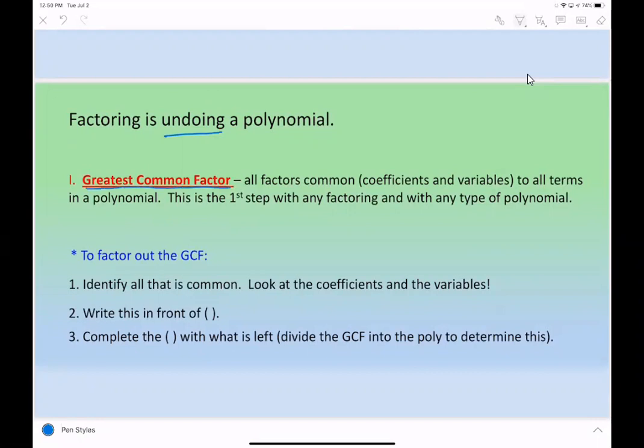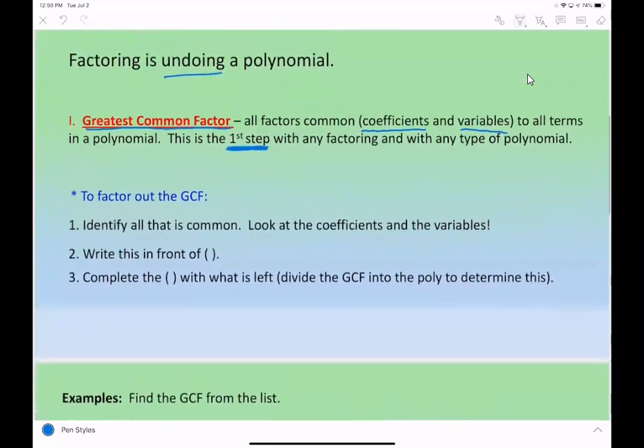So for greatest common factor, we'll look at all of the terms: the coefficients of the terms and the variables of the terms, and determine what they all have in common. What is the greatest number or variable that they have in common? This is always the first step when you're factoring. It might have a GCF, it might not, but you're always going to want to check this first.